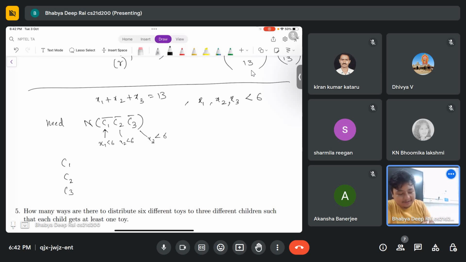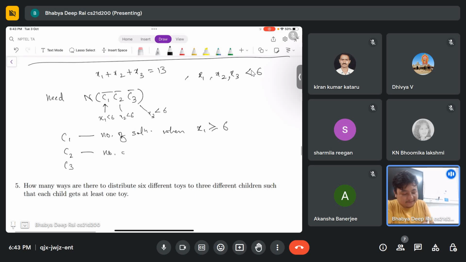That is the idea. So c1 is the number of solutions when x1 is at least 6, greater than or equal to 6, so that the complement is x1 less than 6, and c2 is the number of solutions when x2 is at least 6, and similarly c3 is the number of solutions when x3 is at least 6.